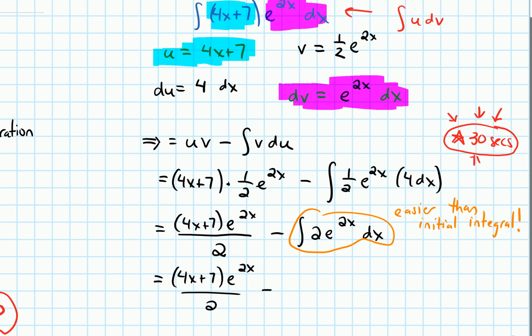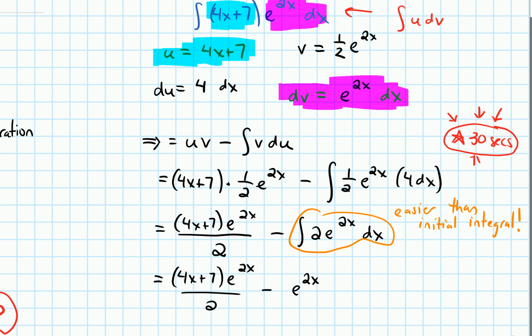Alright, so hopefully you've paused the video to think about what this antiderivative would be. And it is e to the 2x. We could check that if we wanted to. The derivative of e to the 2x is e to the 2x times 2, which is what we had started with inside this integral.